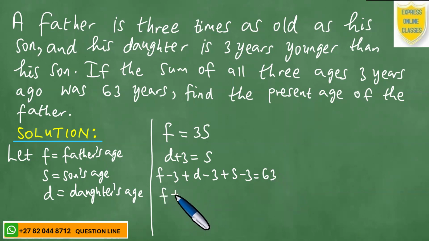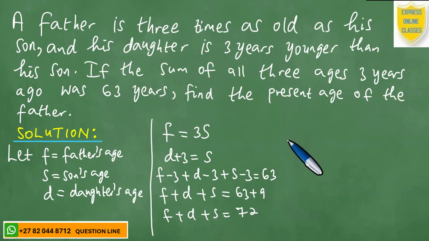Which means that F plus D plus S minus 3 minus 3 minus 3, which is minus 9, and therefore you have 63 plus 9, giving us the father's age, the daughter's age, the son's age equals exactly 72.